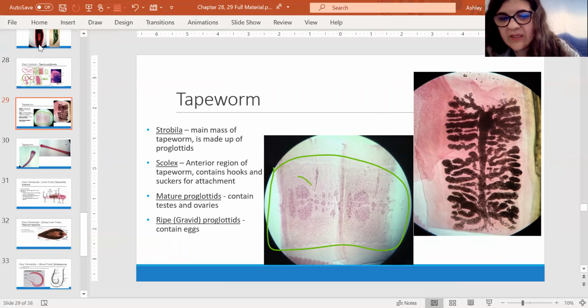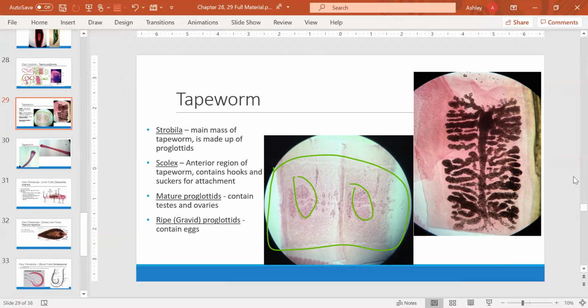You can kind of see some distinct formations of different reproduction organs. But in the ripe proglottid, which you can see in this corner, is much darker and netty, more bush-like or tree-like in appearance. So that's your ripe proglottid. It contains eggs.